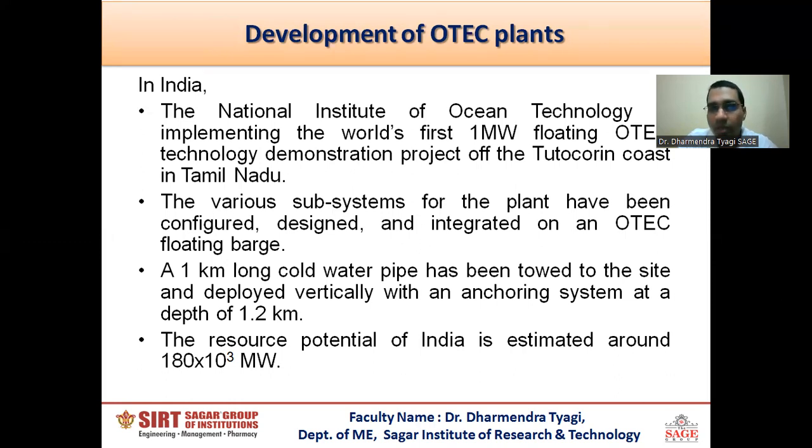A 1 kilometer long cold water pipe has been towed to the site and deployed vertically with an anchoring system at a depth of 1.2 kilometer. The resource potential of India is estimated around 180 into 10 to the power 3 megawatt.